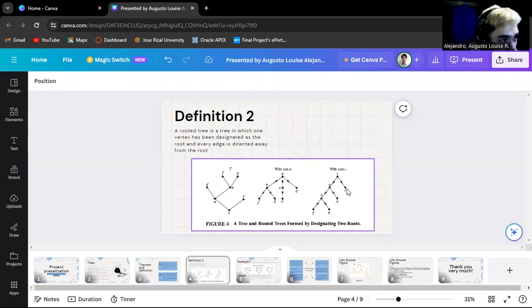On the left side is A, and on the right side is E. For A, its right child is D and its left child is B. For B, its children are F and G.